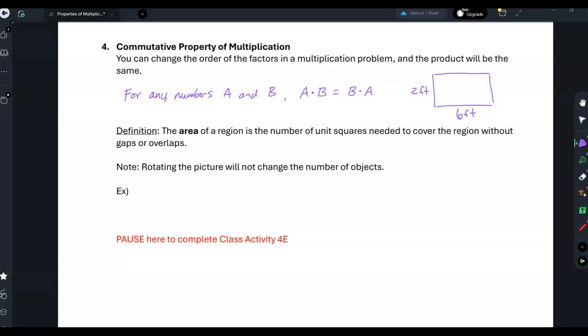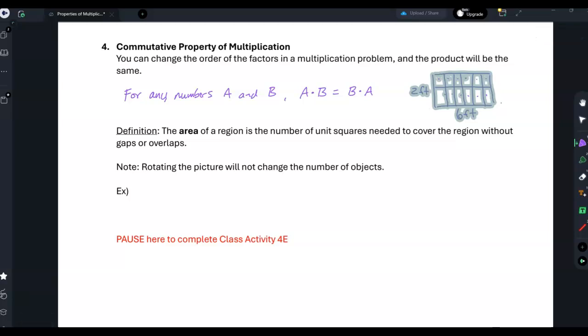Technically, I could split that up and show the 2 feet going this way and the 6 feet going this way. I did not draw this to scale, and I'm not drawing it very well, but you get the idea. And so I could actually just find the area by counting how many of these individual square units, and again, pretend I've drawn that perfectly. How many of those square units does it take to cover that region?